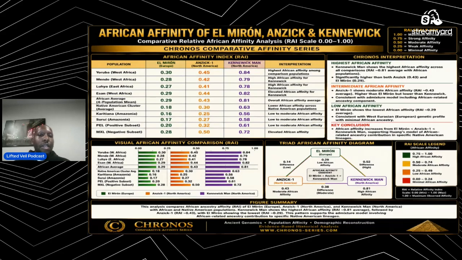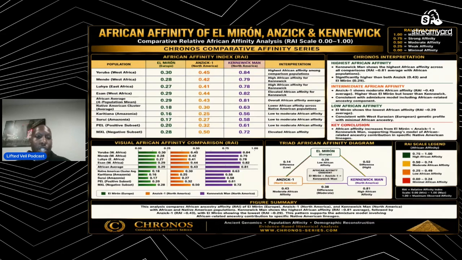So if Kennewick Man has the elder ancestry in that specimen that shared the most African affinity, Kennewick Man's African genome is 65,000 years old. And Elmoran shares a similar signal, but it's lower than ANZIC.